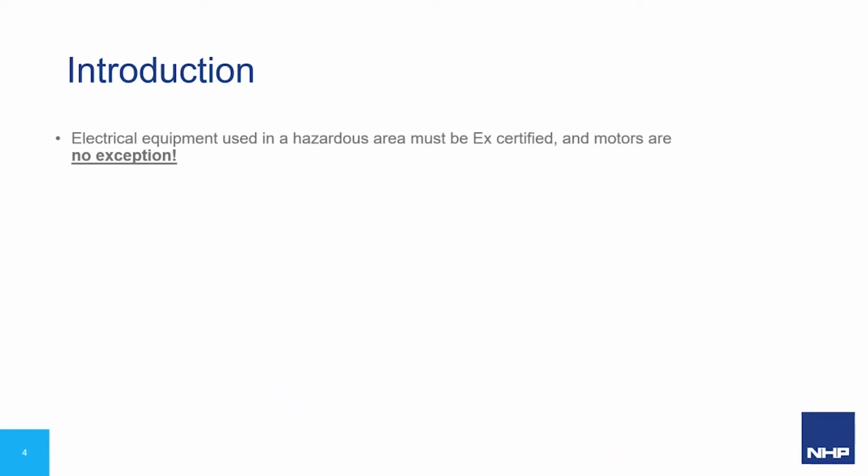According to these standards, equipment must not only be certified, but must conform to all the relevant requirements of the area it will be installed in, and conform to the requirements of the protection method of the equipment and the type of equipment that it is. Motors are of course no exception here, and you'll find that there are many hazardous area rated motors that exist out in industry that require specific protection according to these standards.